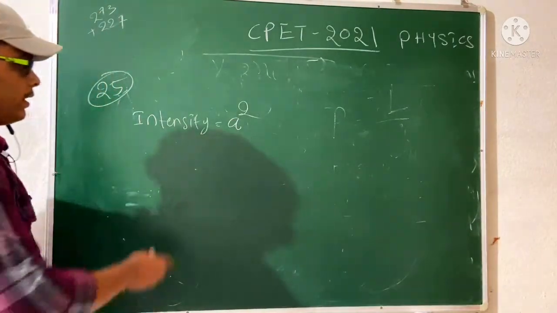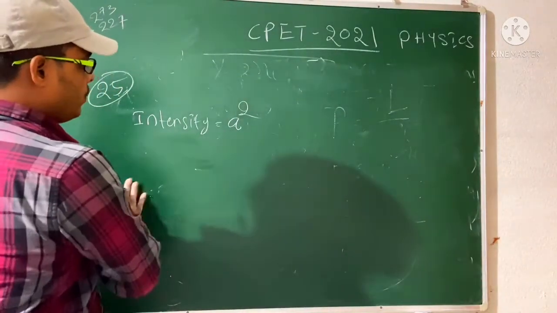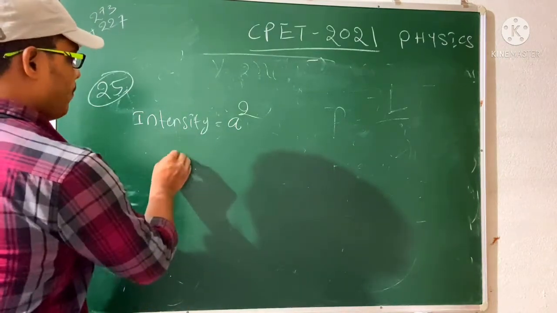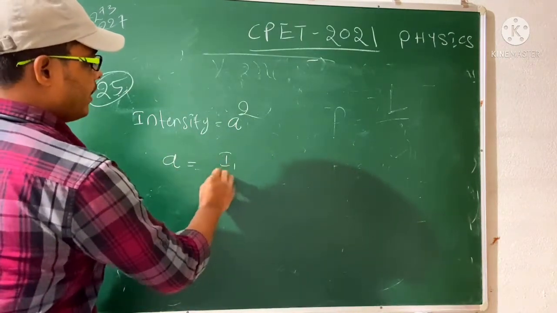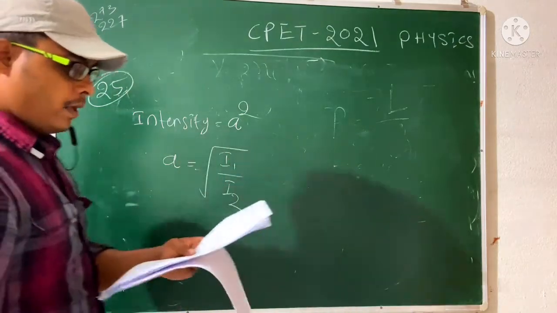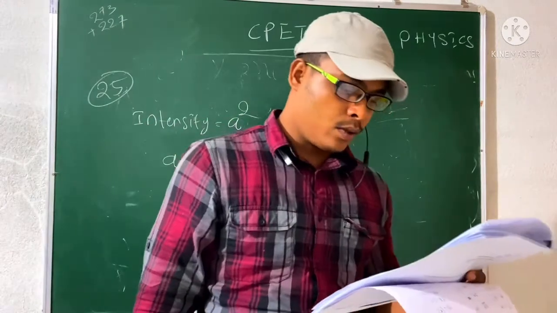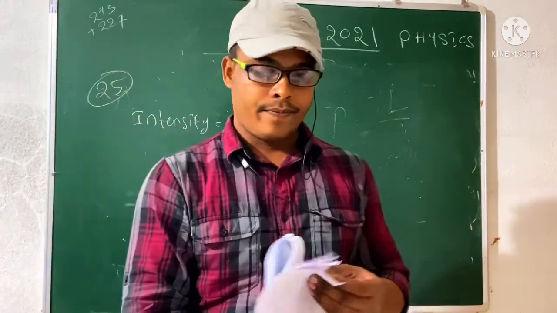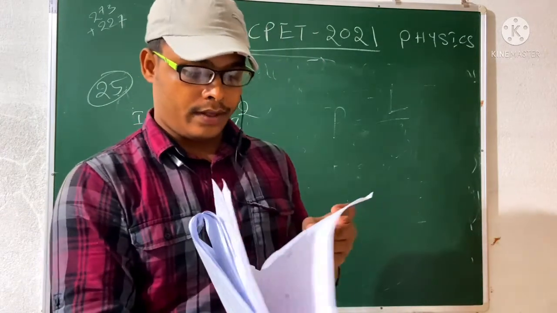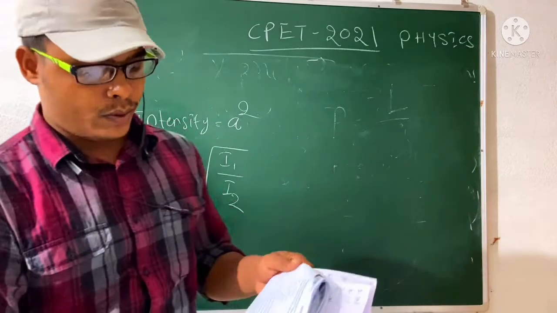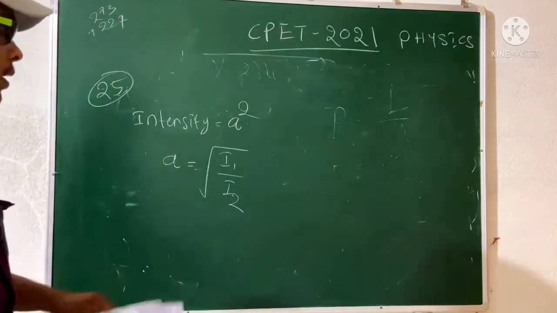The intensity depends on the square of the amplitude, so the amplitude ratio will be the square root of I1 by I2. Remember, I is directly proportional to the width ratio. That is the theory: the width is directly proportional to the intensity, right?